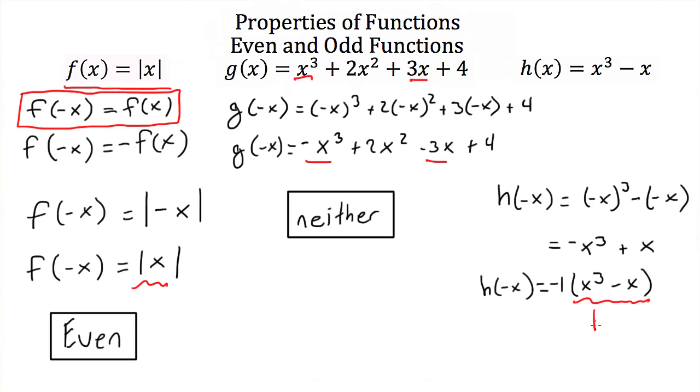This is h of x. So what I have here is negative 1 times h of x, or the negative of our function value. So since this one satisfies our second condition here, this is an odd function.